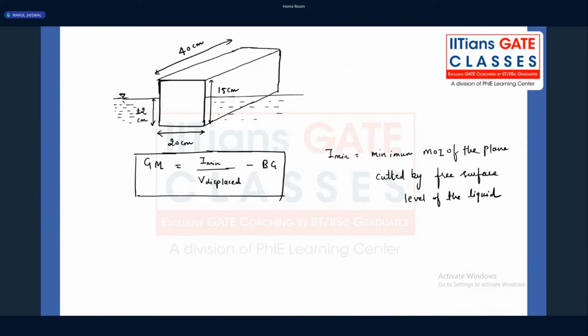This is the free surface, right? This particular surface we call the free surface, where the shear stress is 0.